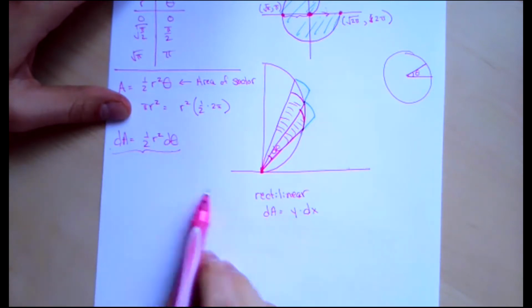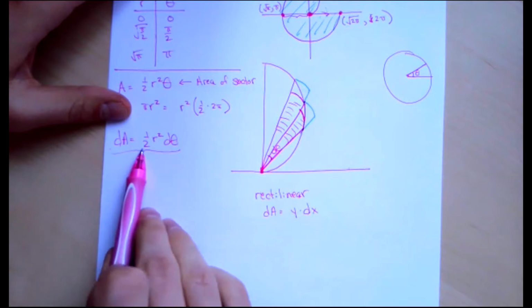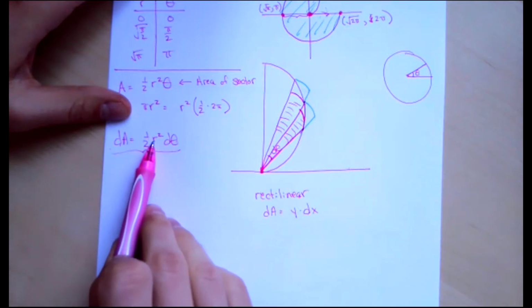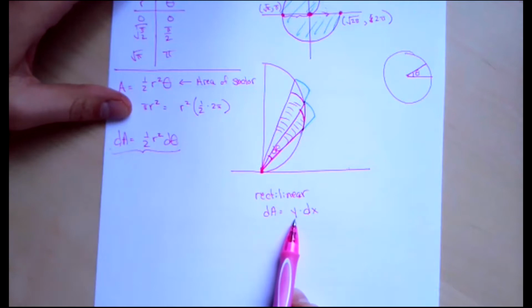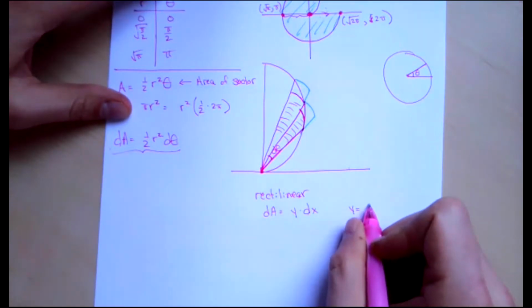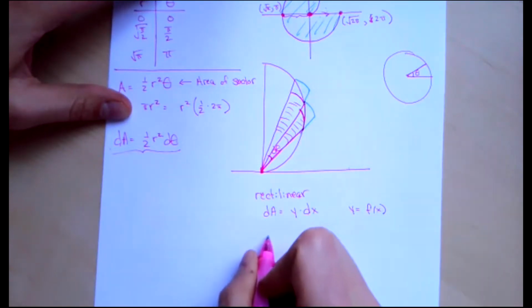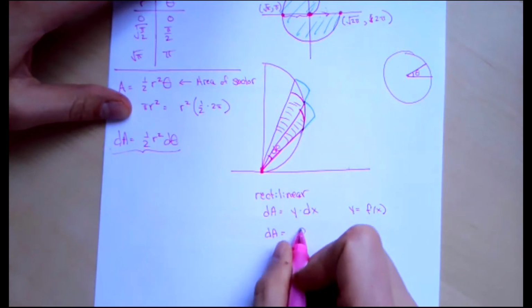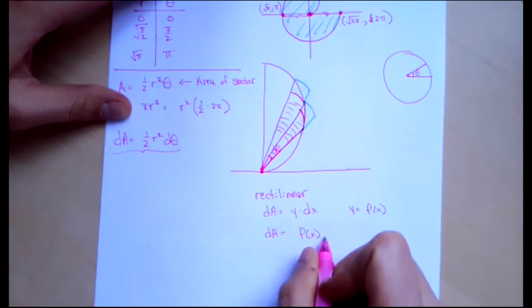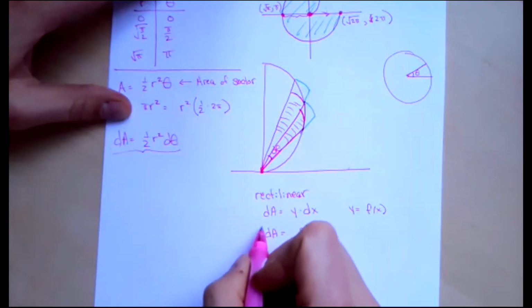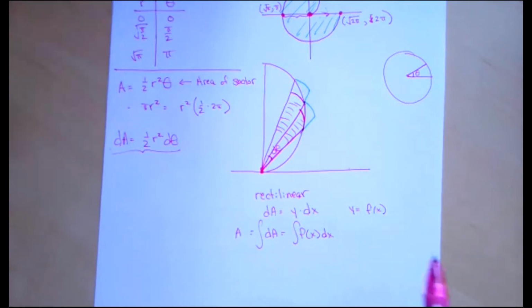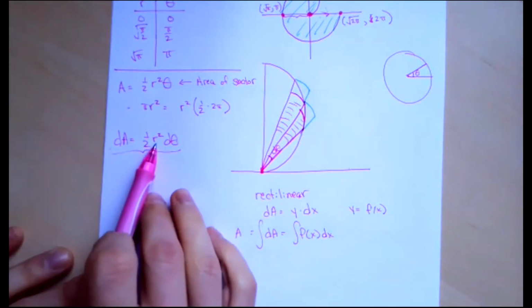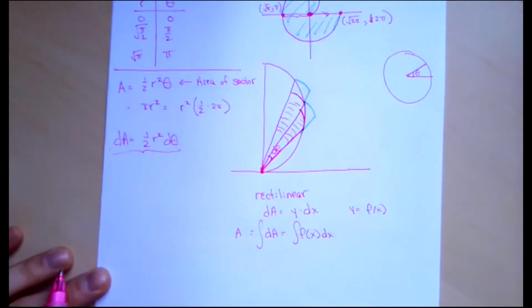And so now we just have to be careful, because look, in our area differential here, we have extra constants coming out as well as an r squared. So whereas here, if I have y as a function of x, I just have my area as f of x dx, and then we integrate both sides to find the area. That's what we've been doing all year. In this case, we got to remember this 1/2 and to square the function.